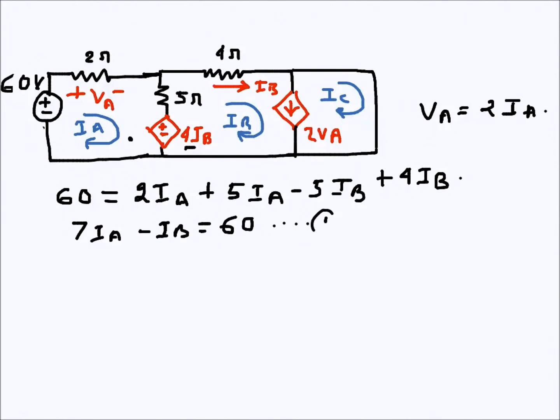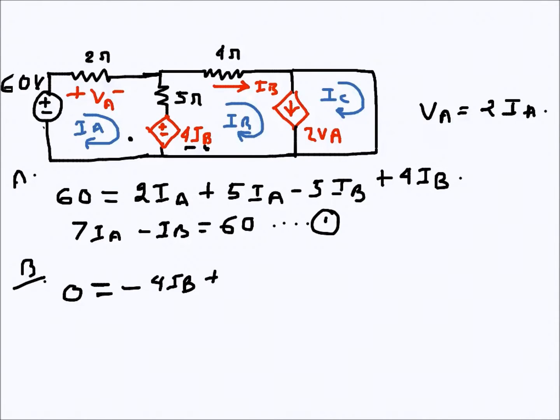That's one equation there. This is for loop A, and this is for loop B. Loop B again is going in the clockwise direction. This is a rise, so I can write it on the right hand side. On the left hand side I am writing 0, but this one is coming as a negative.